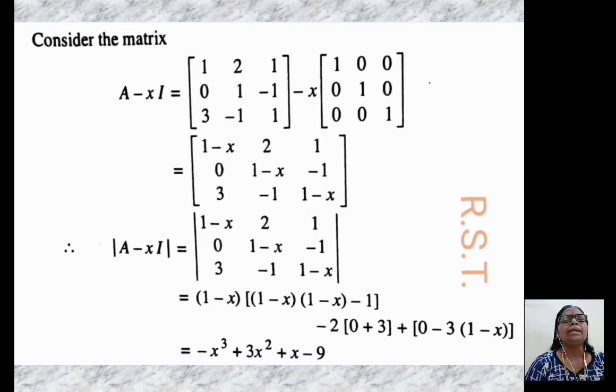After simplifying these terms, we get determinant of A minus xI equal to minus x cube plus 3x square plus x minus 9.